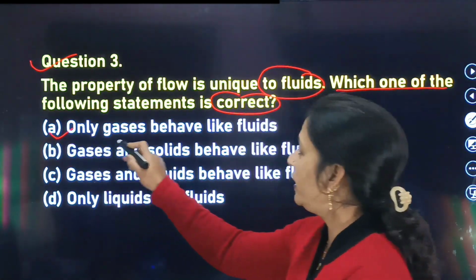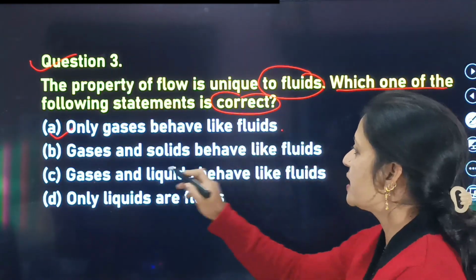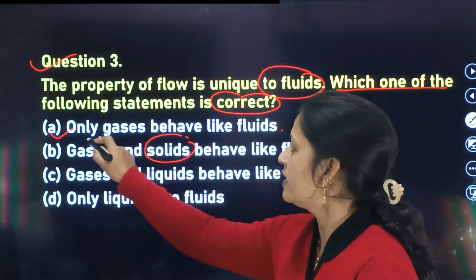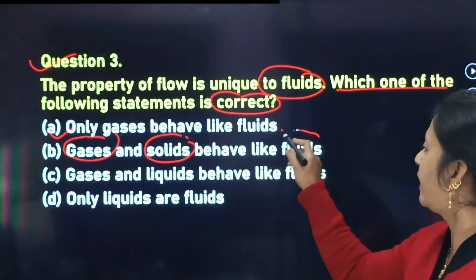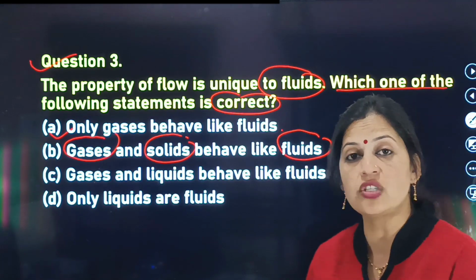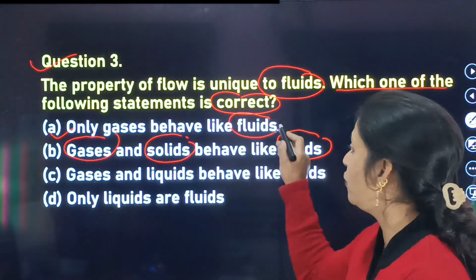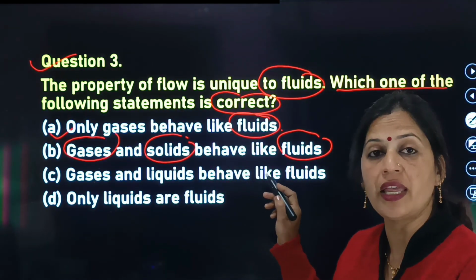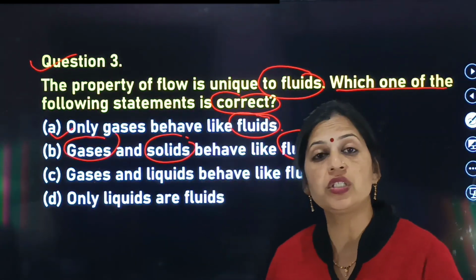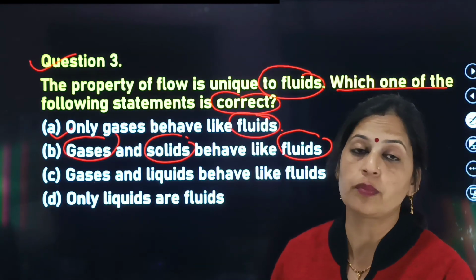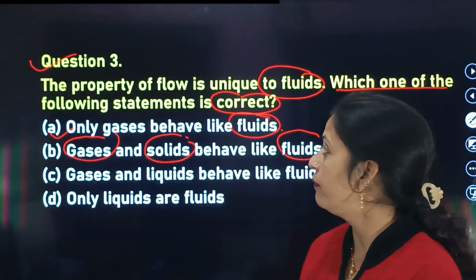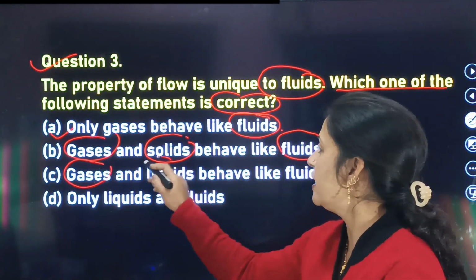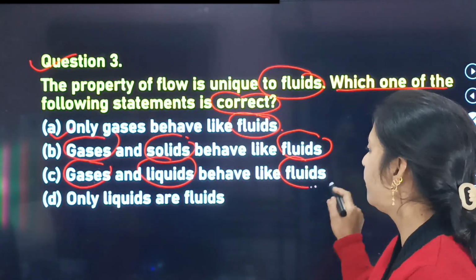Options are: only gases behave like fluids. Second one is both gases and solids behave like fluids. Third one is gases and liquids behave like fluids.